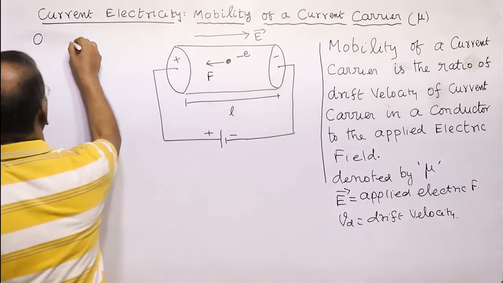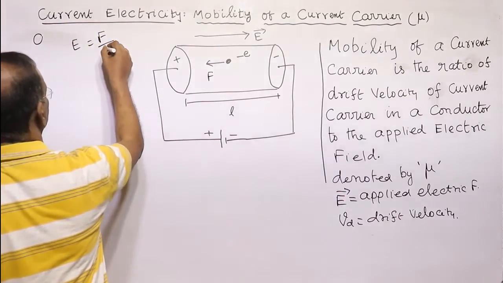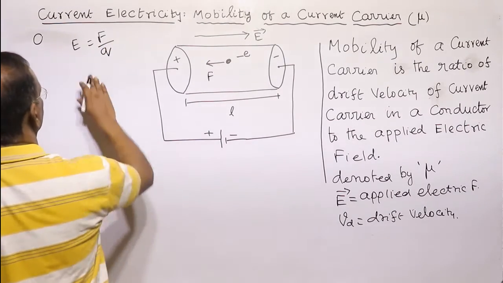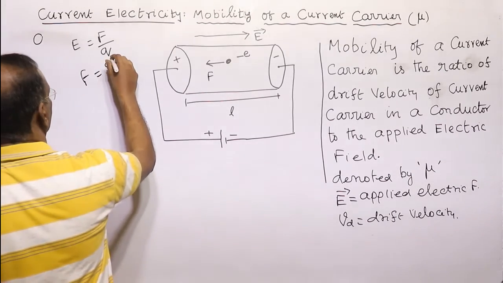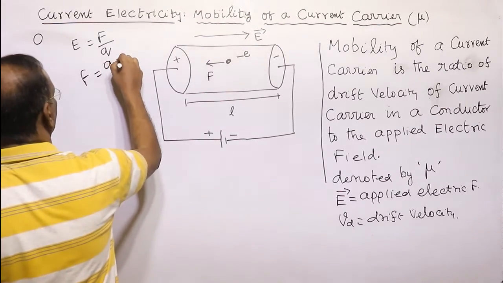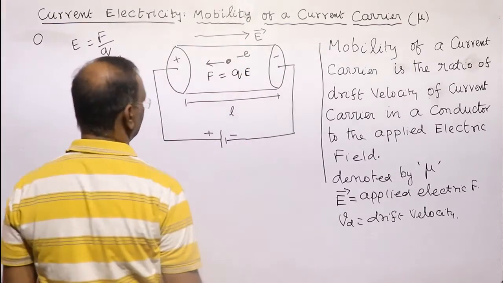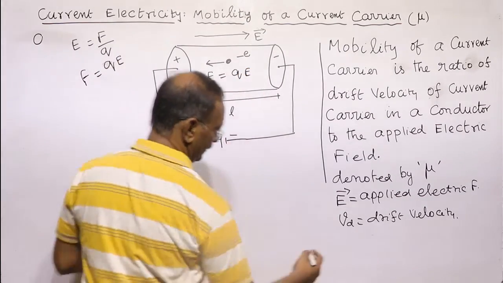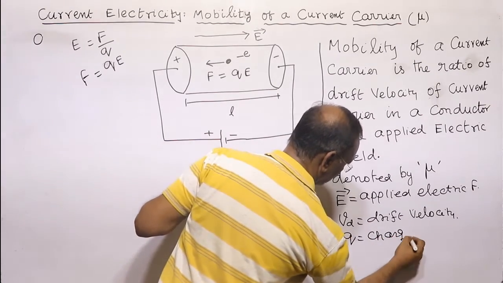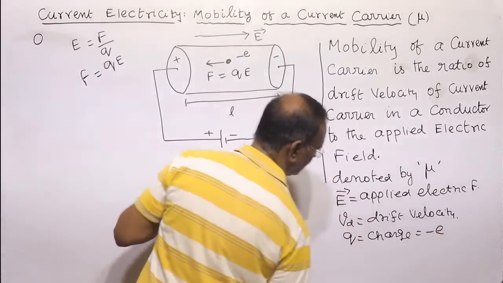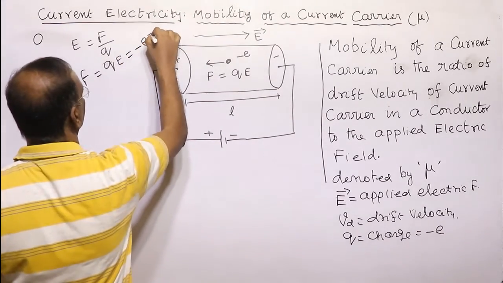We know the electric field is equal to the force on the charge divided by the unit test charge, so force is equal to Q into E. Here Q is the charge; of course, it is an electron, so we write minus e. So force is equal to minus eE.